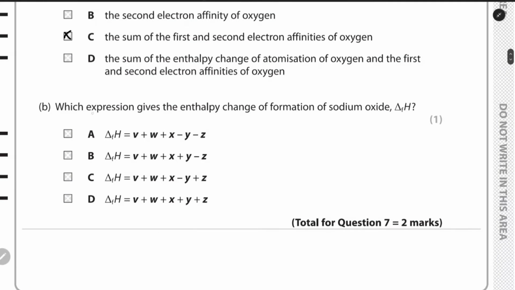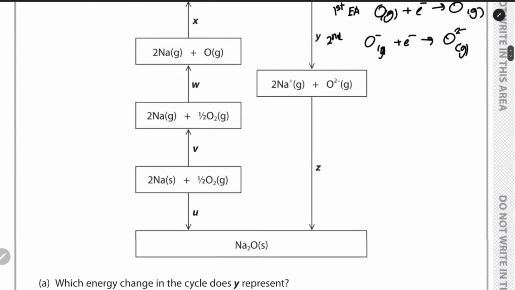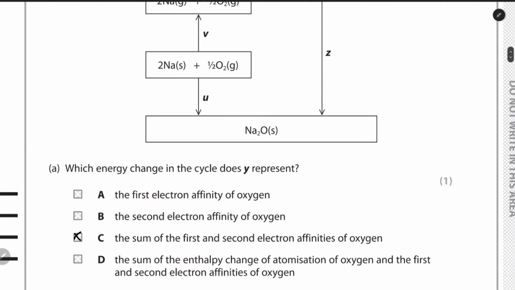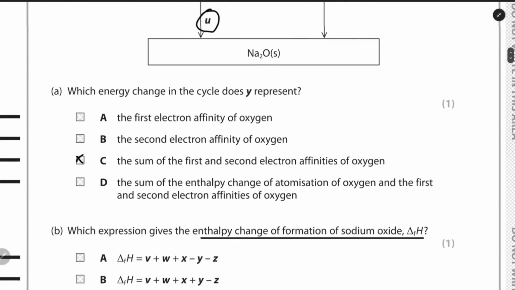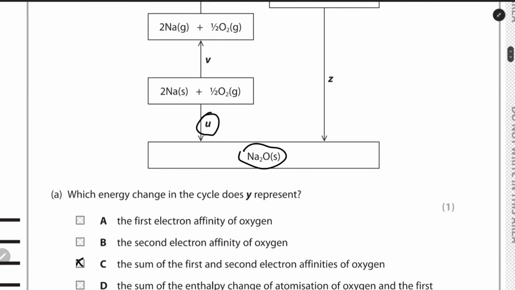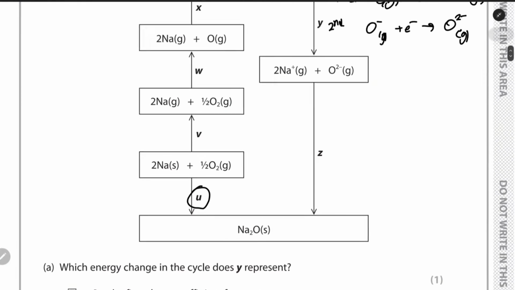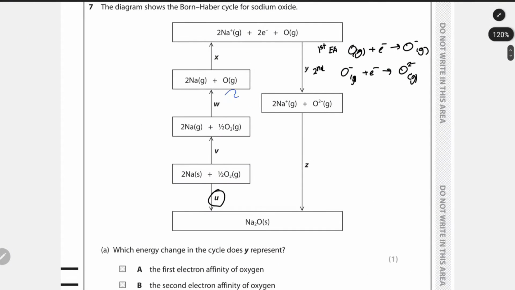Now we have to find which expression gives the enthalpy change of formation, delta HF. This over here is the formation enthalpy of Na2O. Now I'll consider the lines clockwise.